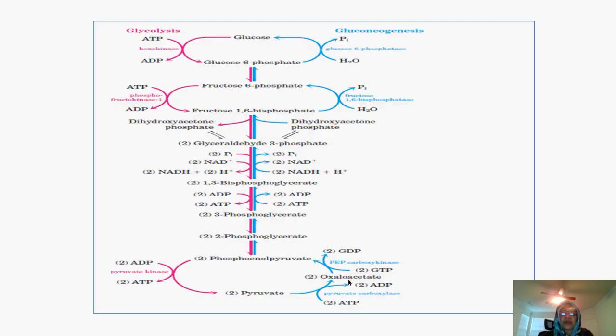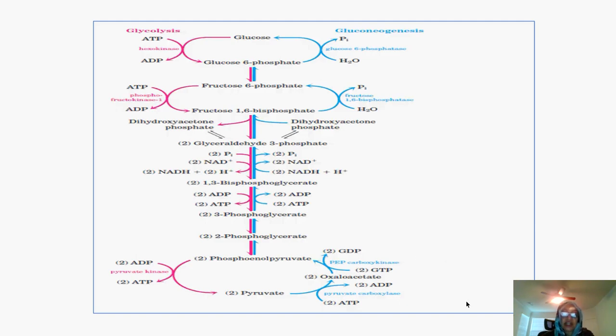Oxaloacetate will be converted to another molecule in another step and released into the cytosol, and there in the cytosol, oxaloacetate can be converted to phosphoenolpyruvate by an enzyme called phosphoenolpyruvate carboxykinase, and this enzyme also requires energy. So this is another factor you need to add to the process of gluconeogenesis: it cannot start unless we have energy.